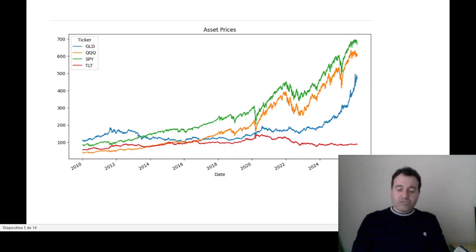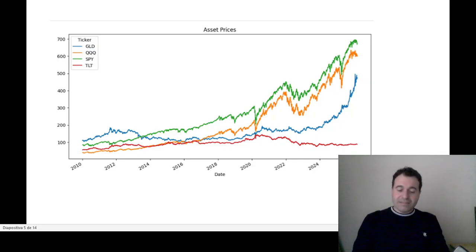QQQ shows faster growth, reflecting the strong performance of the technology sector. TLT displays a different dynamic, influenced by changes in the interest rate environment. GLD exhibits periods of strong appreciation during times of market uncertainty.